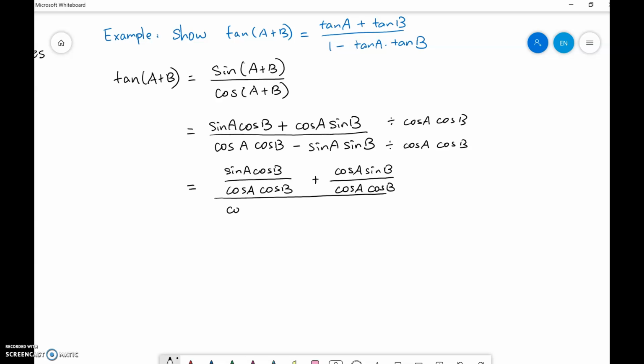On the denominator, we do the same thing: cosine of a cosine of b divided by cosine of a cosine of b minus sine of a sine of b divided by cosine of a cosine of b. You can see that by dividing both numerator and denominator by cosine a cosine b, we actually create a 1. So that is what we want.